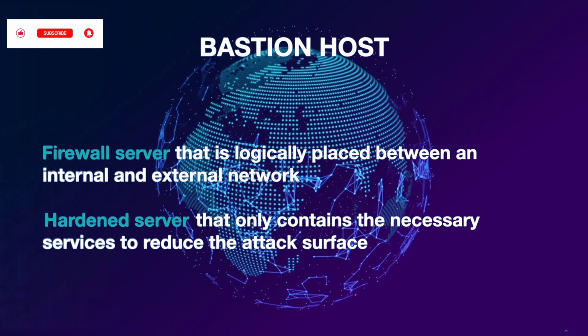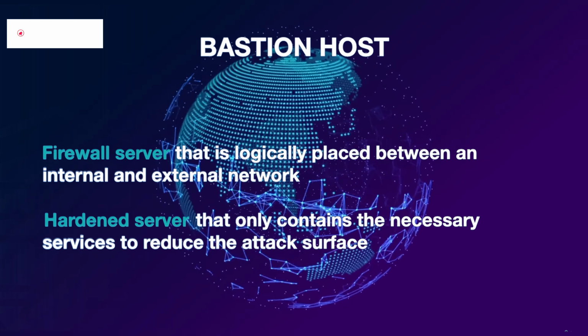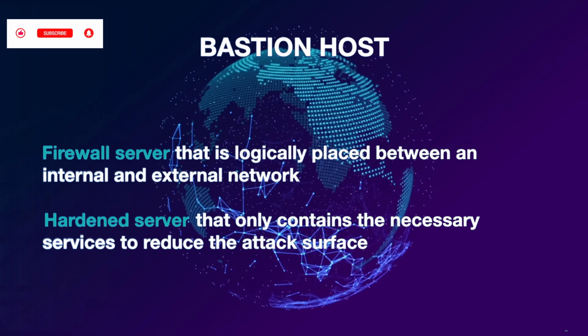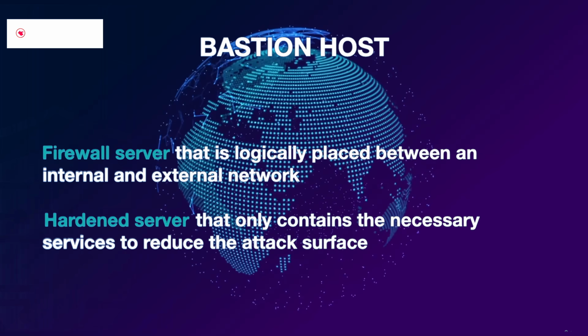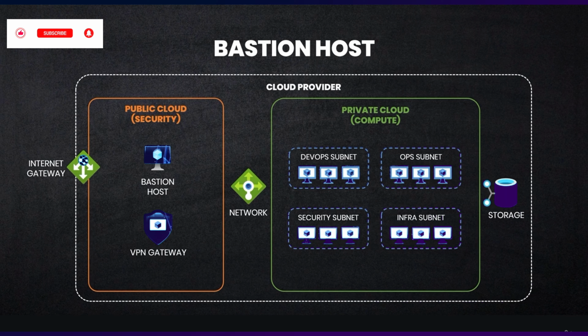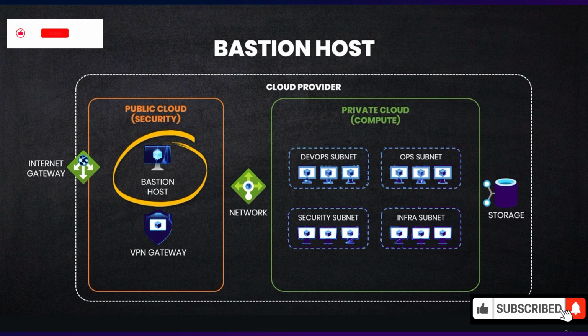Where you are going to see a bastion host deployed is oftentimes in a cloud-based environment. That's where we use them and see them the most. As you can see right here, the bastion host is deployed in this public cloud, where you have the private cloud, which is all of our compute space on the backend.